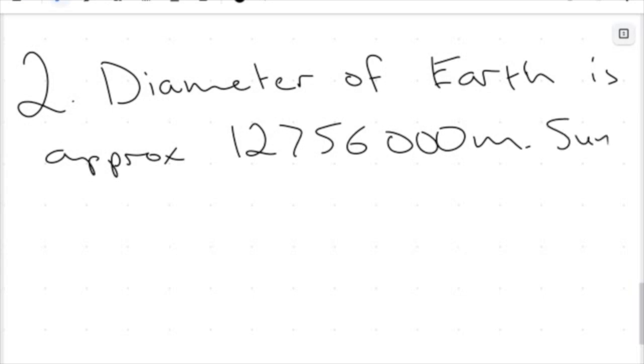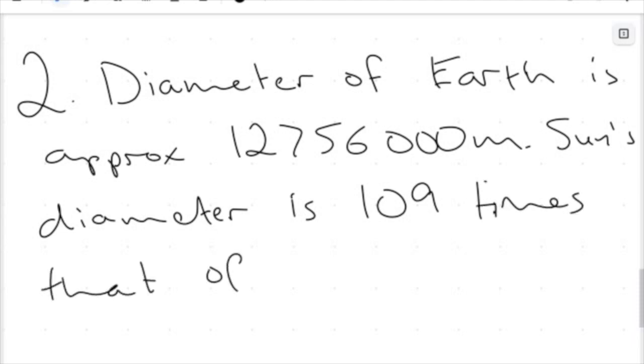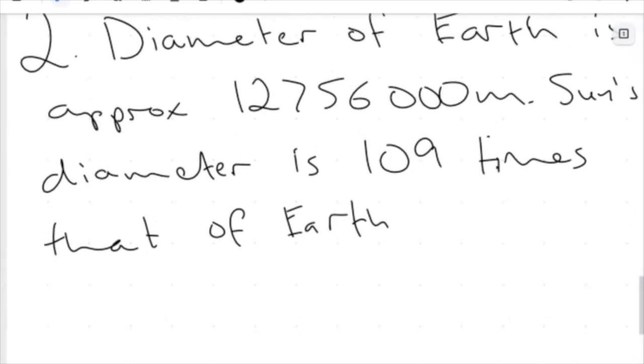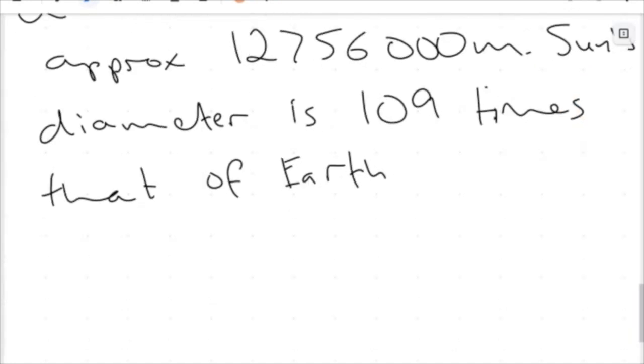So the sun's diameter is 109 times that of Earth. That should be a capital E. Okay, and we want to find the sun's diameter here. So it's 109 times the size of Earth.